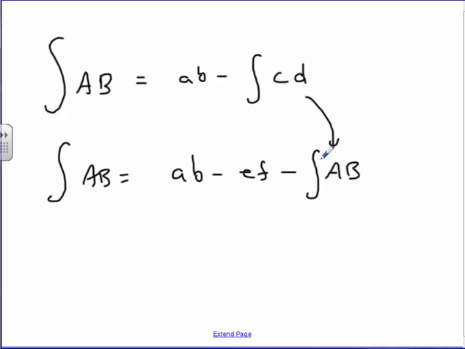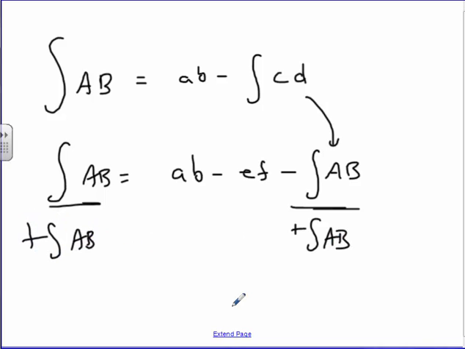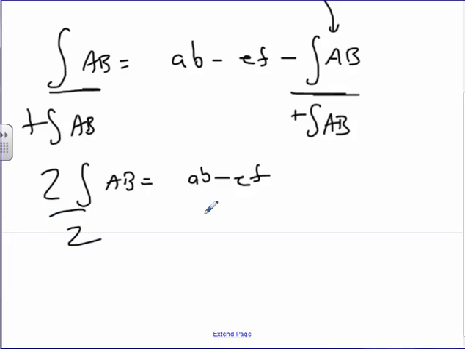But the cool part is that this AB and this AB were on both sides. So we added the antiderivative of AB back to the side over here, giving us 2 antiderivatives of AB, which equaled AB minus EF. And then we divided by 2, and it got us out of this cycle.